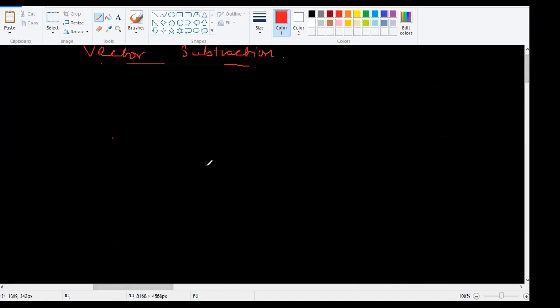Just for simplification, let's say I have a vector along this way, and I know that b vector is this way. Suppose the b vector which we assumed earlier was this way.